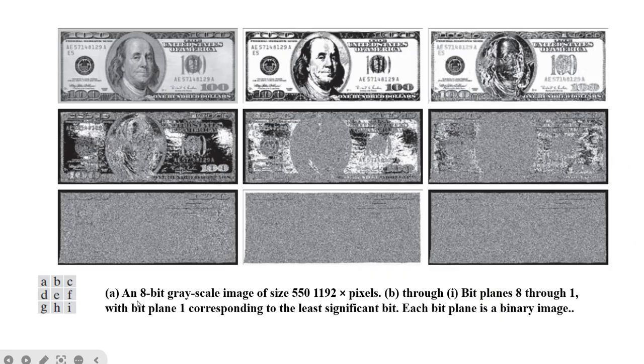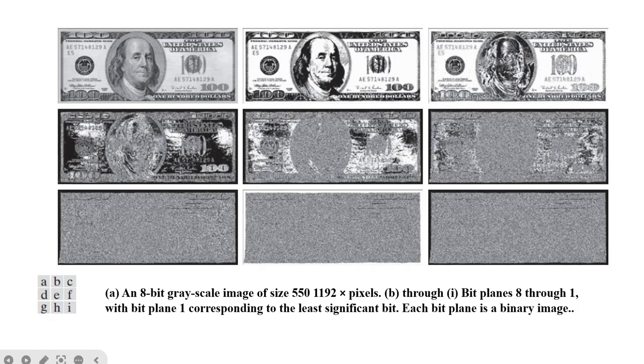This figure is an 8-bit grayscale image, and it is of size 550 by 1192 pixels. Now if you see these images 1 2 3 4 5 6 7 8, we will not calculate, we will just see first. This is bit plane 1, bit plane 2, bit plane 3, bit plane 4, 5, 6 and 7. So the 4 higher order bit planes, especially the last two, will contain a significant amount of visually significant data.